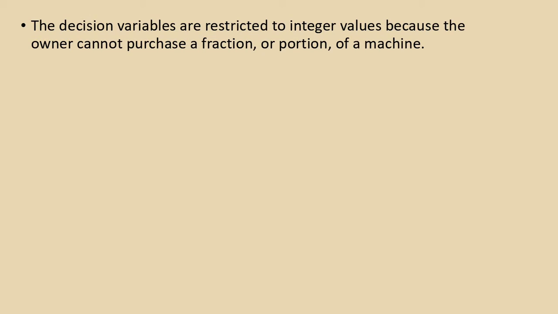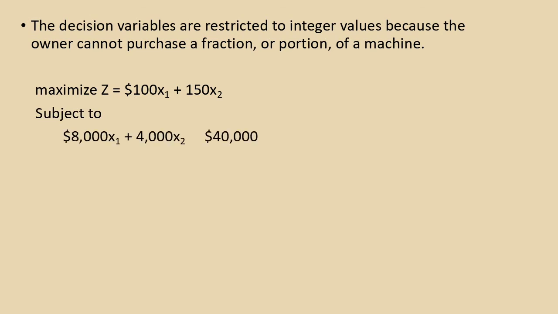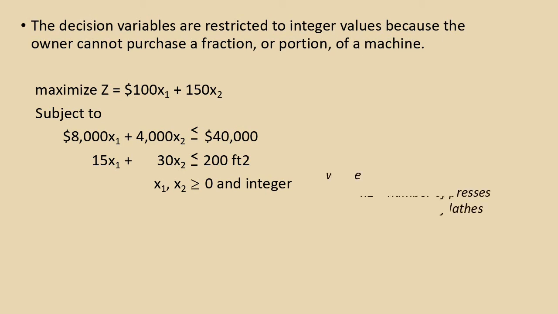The linear programming model follows: maximize z = $100 x sub 1 + $150 x sub 2, subject to $8,000 x sub 1 + $4,000 x sub 2 ≤ $40,000, 15 x sub 1 + 30 x sub 2 ≤ 200 square feet, x sub 1, x sub 2 ≥ 0 and integer, wherein x sub 1 is the number of presses and x sub 2 is the number of lathes.